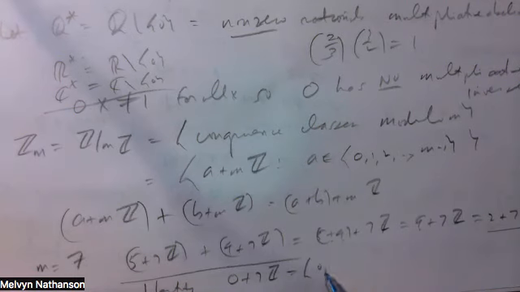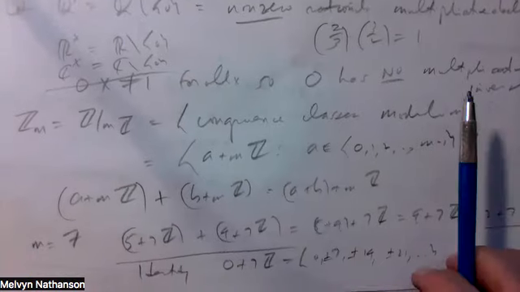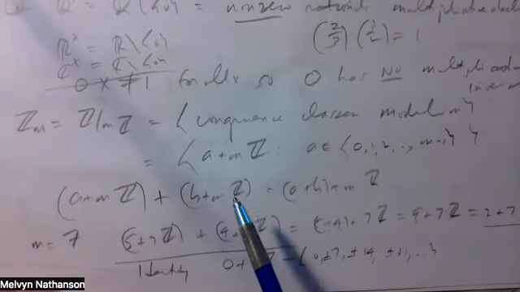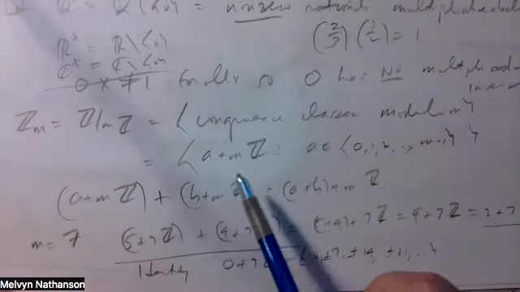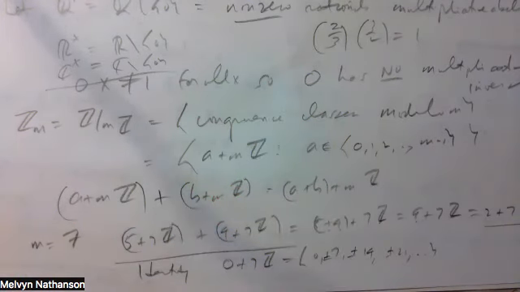That's just the set of all multiples of 7. That's the identity. So the set of congruence classes modulo m is an additive abelian group. And the difference between this and these other groups we were looking at is that this is a finite set.